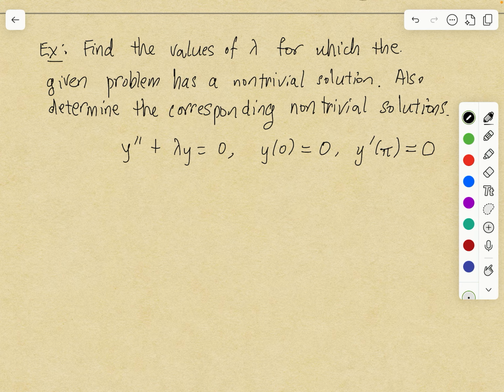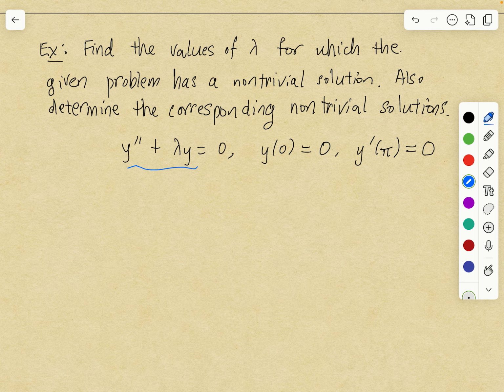Before we do this problem, let's make sure we understand what the question's asking. Lambda is a real number, and it shows up in this differential equation. It's the constant that's being multiplied by y, and we're given these boundary conditions that y of 0 equals 0 and y prime of pi equals 0.